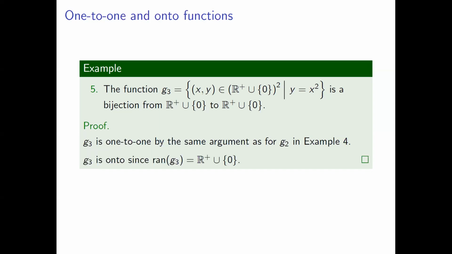And G3 is onto the set of non-negative real numbers since the range of G3 is the set of non-negative real numbers. Since G3 is both 1-to-1 and onto, it is a bijection from the set of non-negative real numbers to the set of non-negative real numbers. Observe that G3 is the restriction of the function G1 of example 3 to the set of non-negative real numbers.